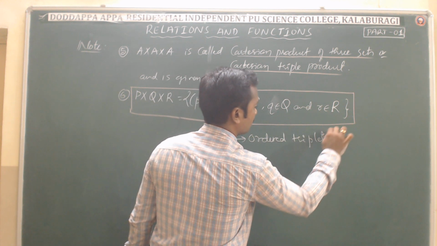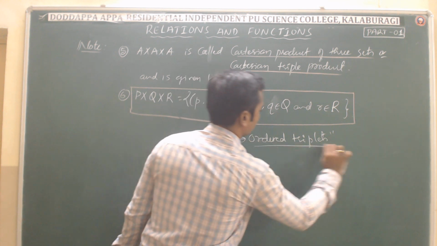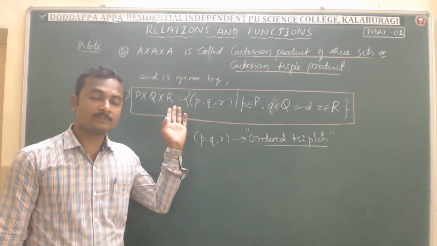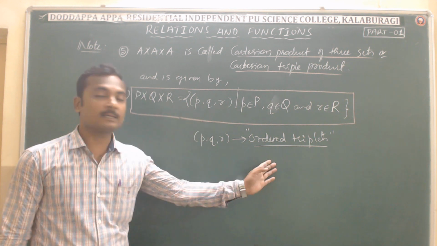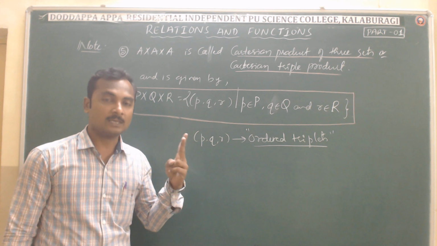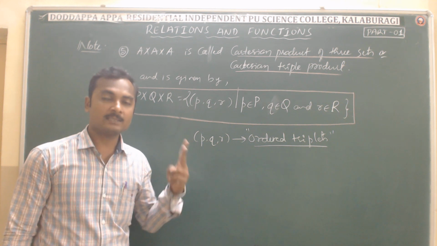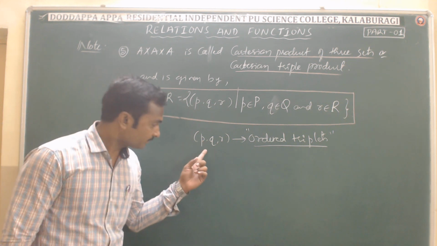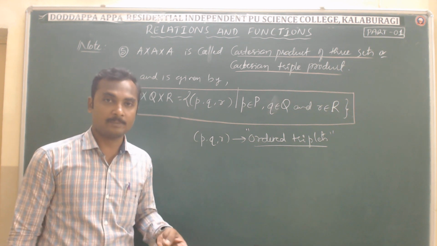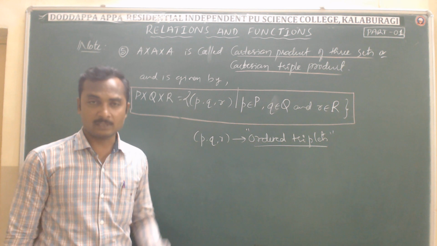Remember these words, ordered triplets. If there are two elements in the bracket, I can say it's an ordered pair. If there are three elements in the bracket, I can say ordered triplet. Triple stands for three elements.